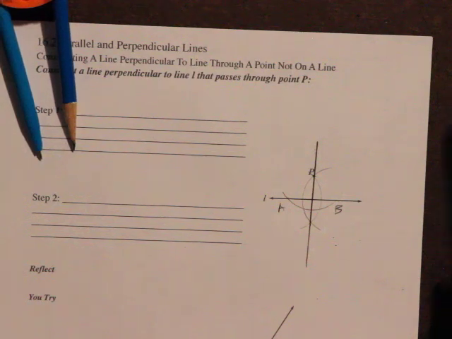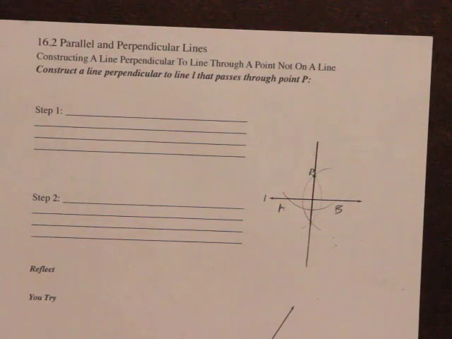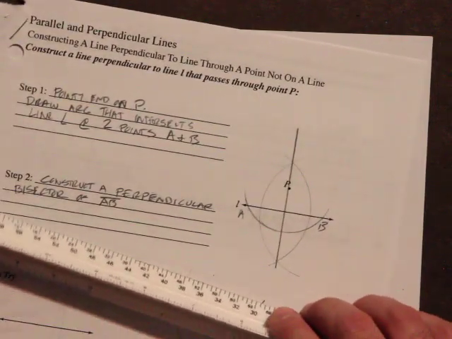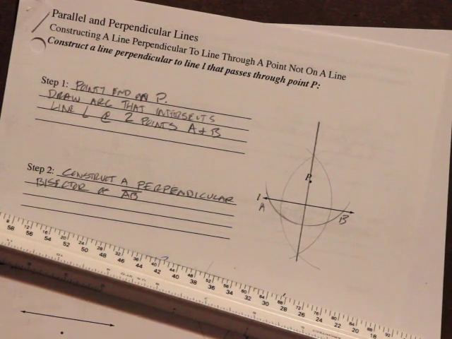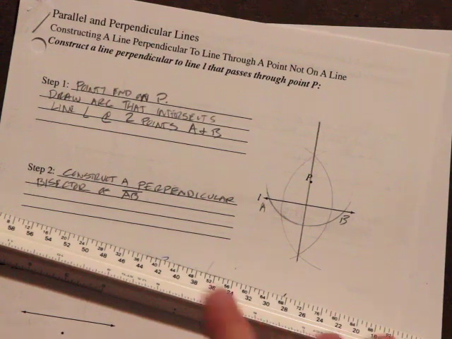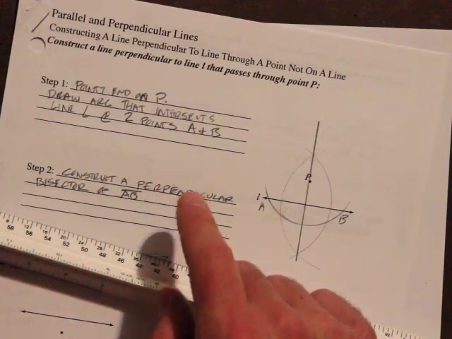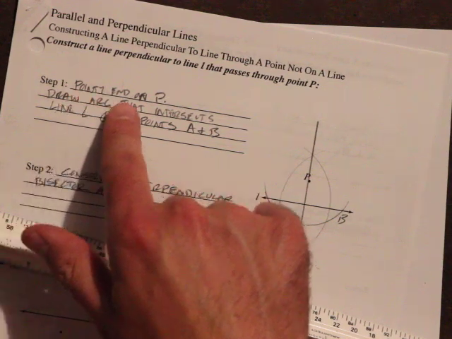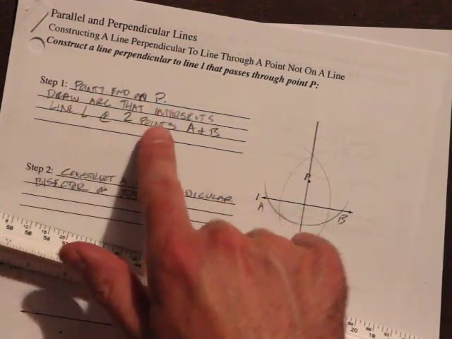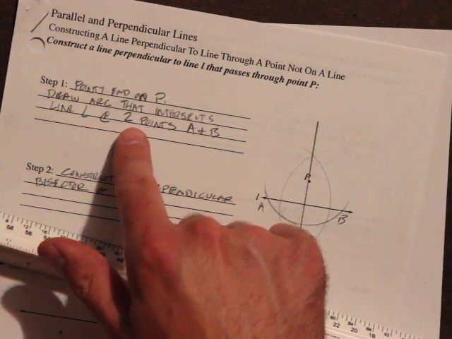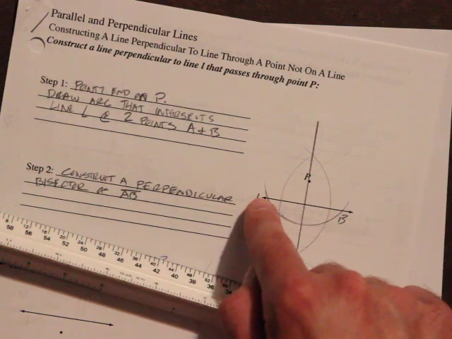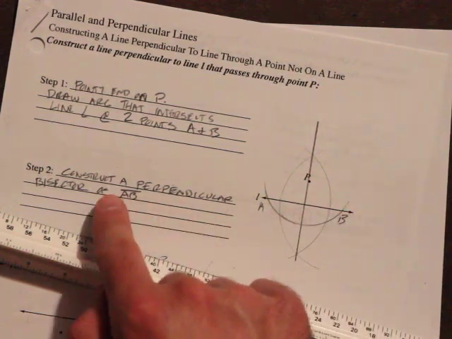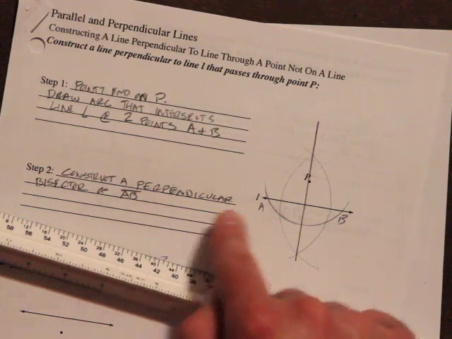All right. Now, instead of talking through each step, I'm going to show you each step right here. So go ahead and pause and copy that down. Okay, so just in case there's any confusion about my writing here, you put the pointy end on P and draw the arc that intersects line L at two points, A and B. Construct a perpendicular bisector of AB.